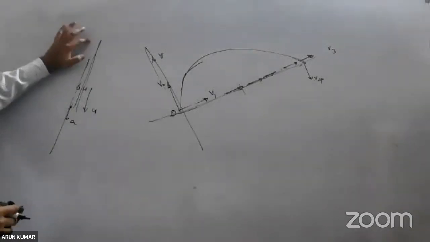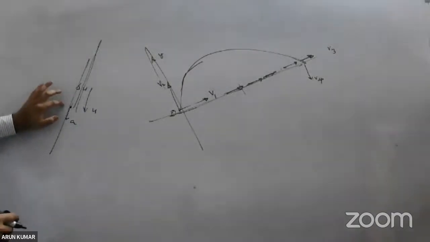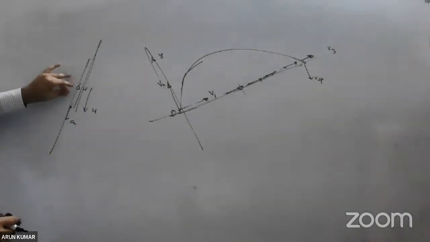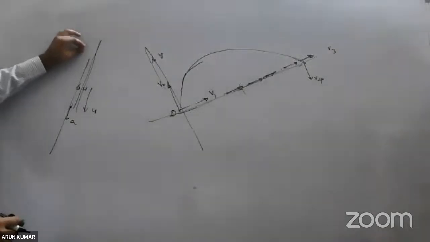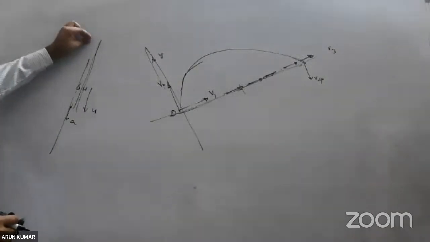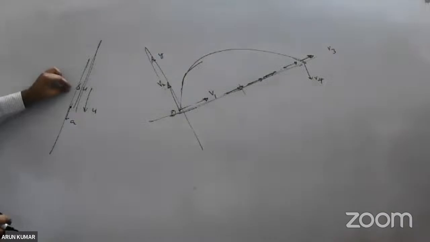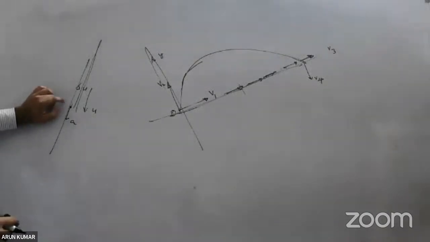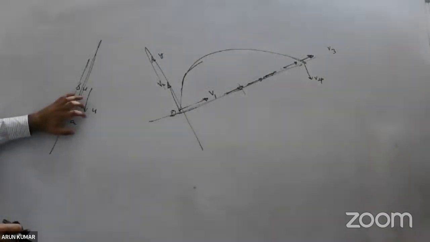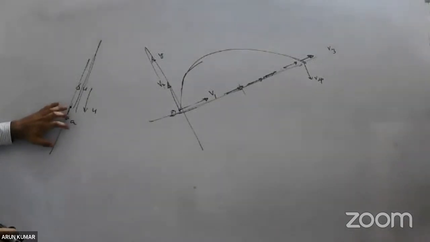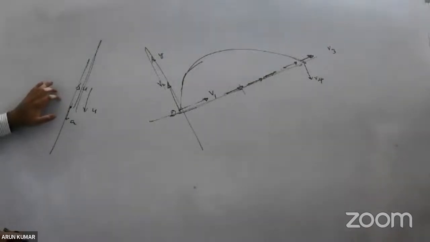It goes, stops and accelerates, again comes back with u at the same time because time of ascent is equal to time of descent. When it comes to the same point, it will achieve the same speed because acceleration is the same. This we know from 1D kinematics, right?